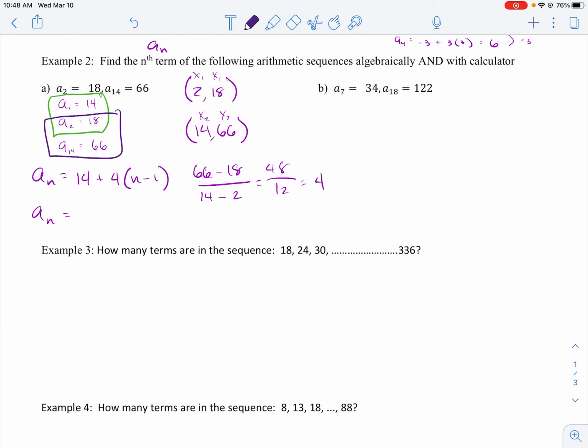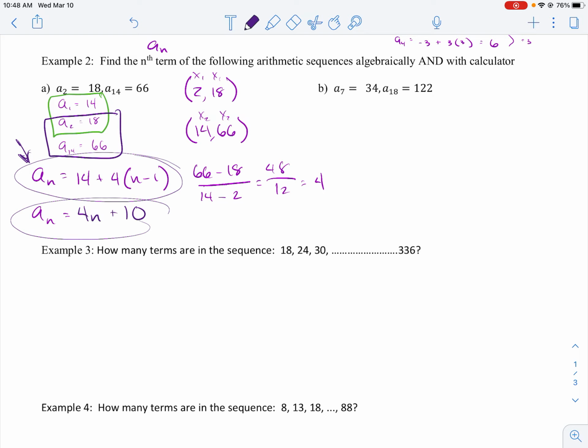Plug them into list 1 and list 2, follow my procedure, and then you would find that your answer would be 4n plus 10 is how it would look in your calculator. And again, it's always just this first one simplified. They just distribute that number and combine like terms, okay?